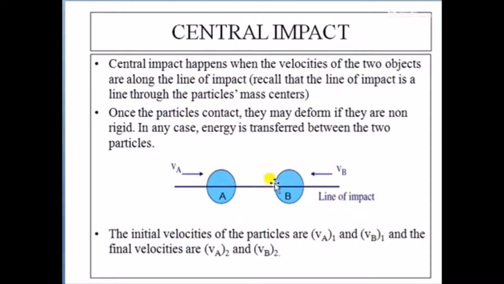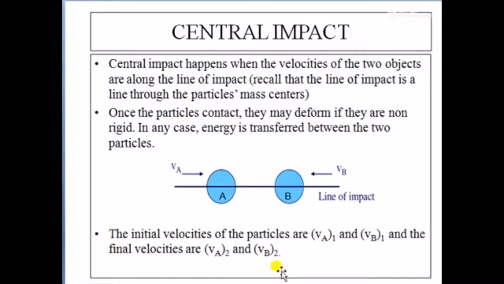After the objects collide, let us assume that the final velocities are VA2 and VB2. Now, the initial velocities VA1 and VB1 are known to us, but we don't know the final velocities.